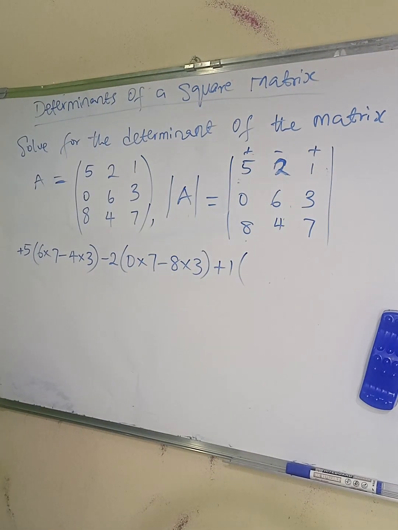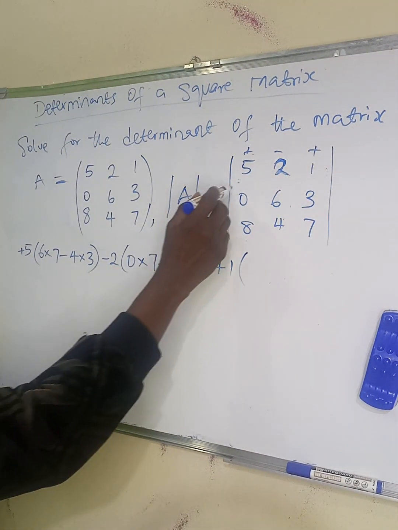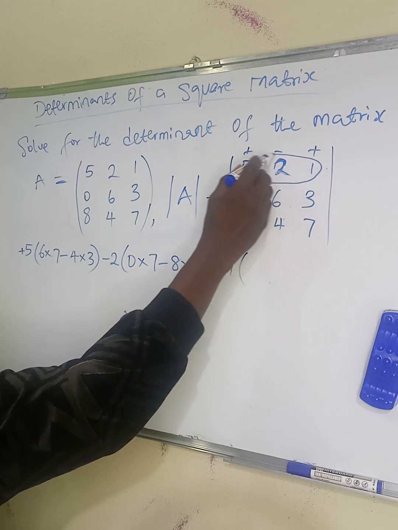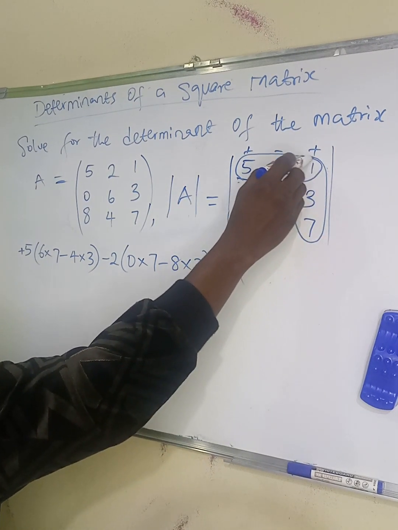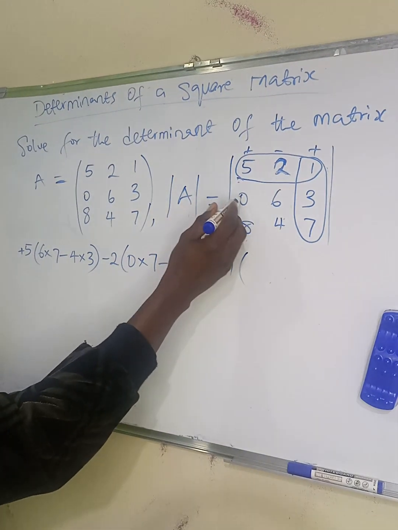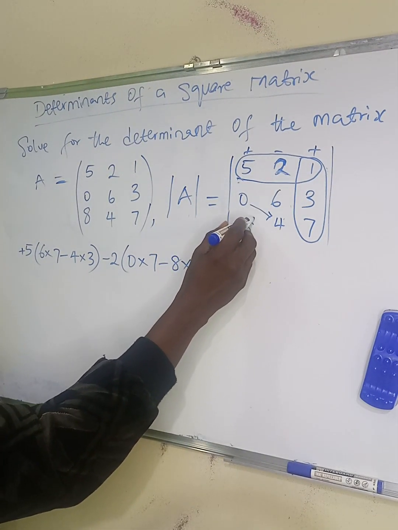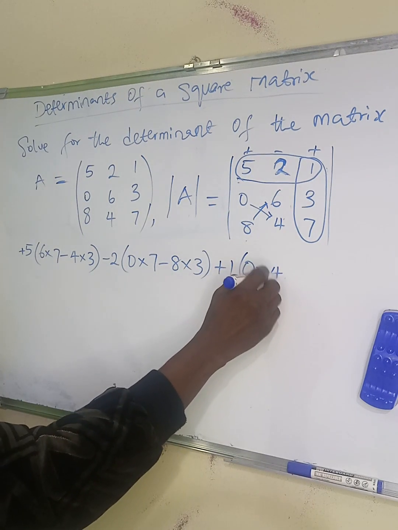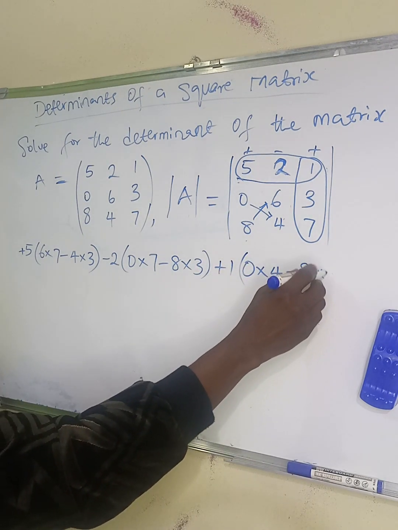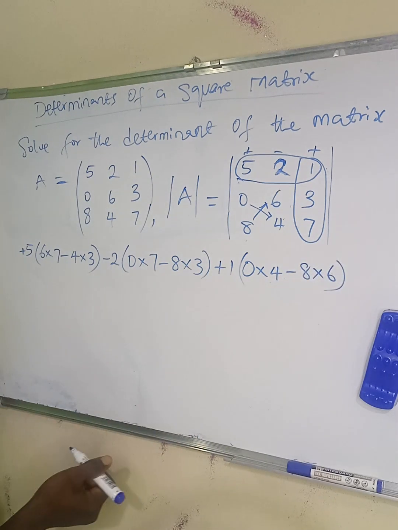Everything that affects 1, we have to circle it, in the row and in the column. So we are left with 0 multiply 4 minus 8 multiply 6. It's simple, right?